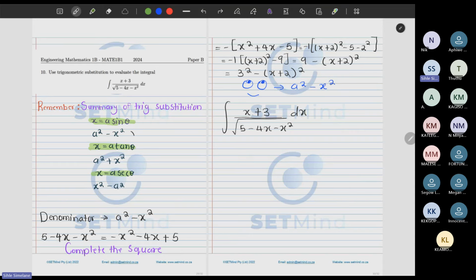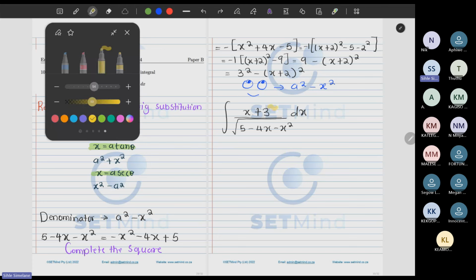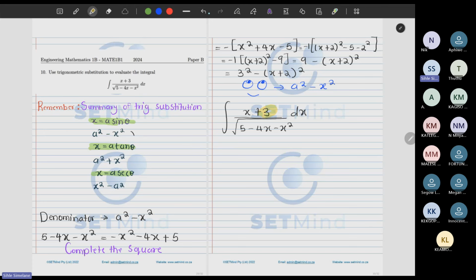But before we do that, there's two things we need to take care of. We need to make sure that we only have a constant on the numerator. So that is the catch. But there's something you should remember which has to do with substitution.